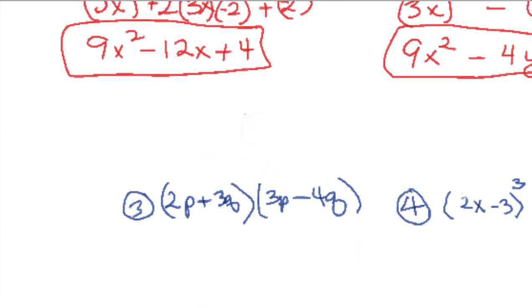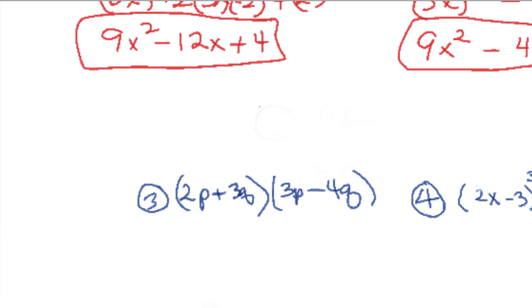This one, however, is not the same thing. We have a 2 and a 3 and a 3 and a 4, so we actually have to FOIL it out. So if you want to do 2p, 3p, the outer would be plus a 2p times a negative 4q.